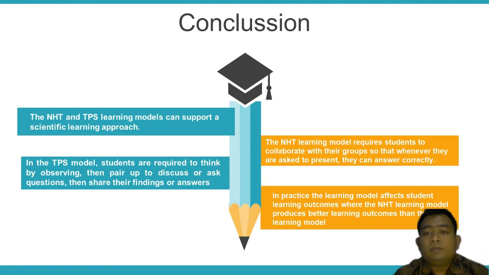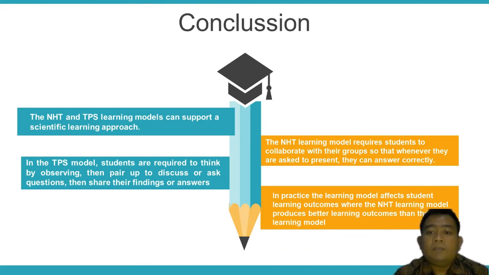The numbered head together and think pair share learning model can support the scientific learning approach. The number head together learning model requires students to collaborate with their group so that at any time when they are asked to present, they can answer correctly.